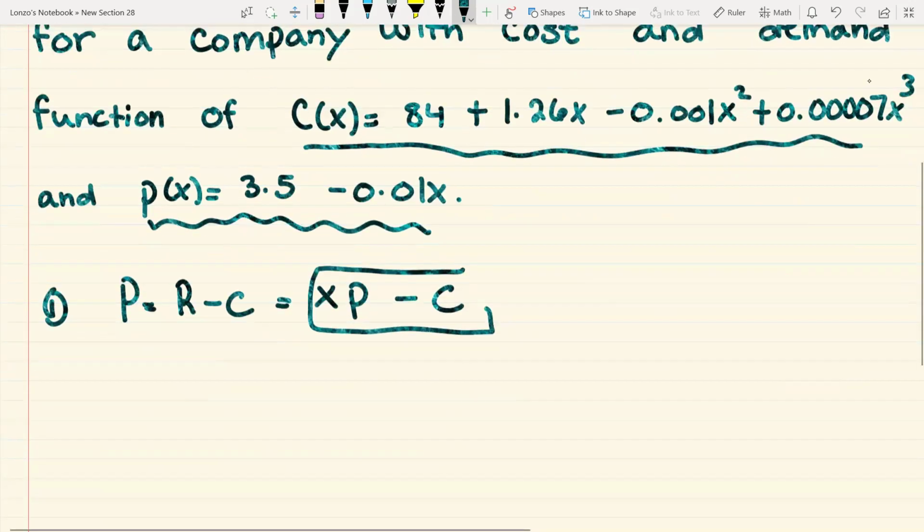Okay, so it's going to be profit. Production is going to be X times P. So our P is this whole thing.